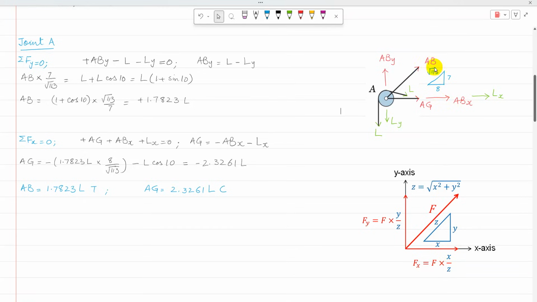The horizontal side is 8 divided by root 113. So AG is calculated as AB, which is already calculated, times 8 over root 113, minus Lx. For this side of the tension, its horizontal component is L cosine 10. After solving, AG is minus 2.3261 L.